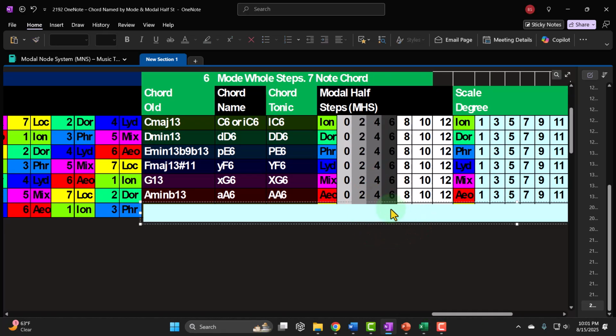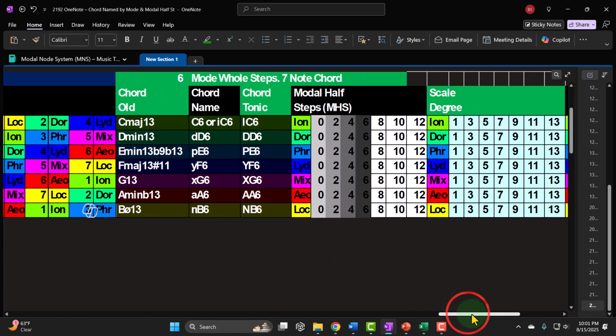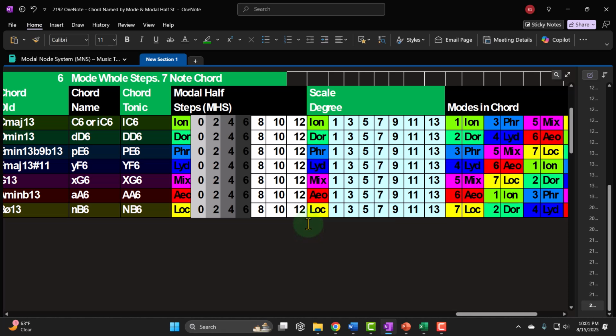All right, and then finally, we have a B half diminished 13, which I'd rather call a Locrian B6 modal whole steps, or just a Locrian 6 modal whole steps, or a 7-note Locrian chord, which would be 6 modal whole steps up to get to the last note in the chord that we're naming the chord based on. 6 times 2 would be 12 modal half steps up, plus 1 would be the 13th scale degree, which is equivalent to the local scale degree of 6.